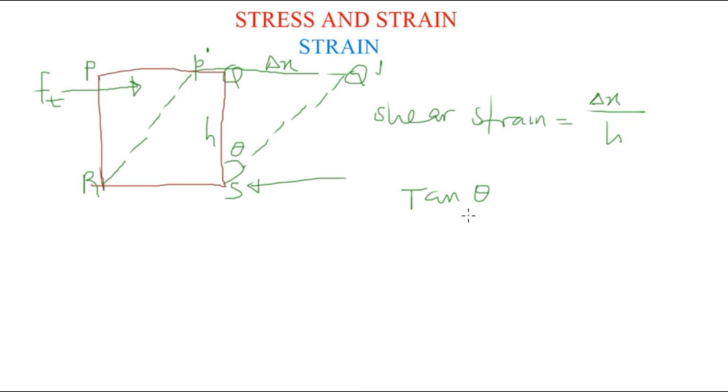But theta is always very small. The value of tan theta is always very small, such that it can be approximated to delta x upon h. As a result, shear strain is equal to theta.